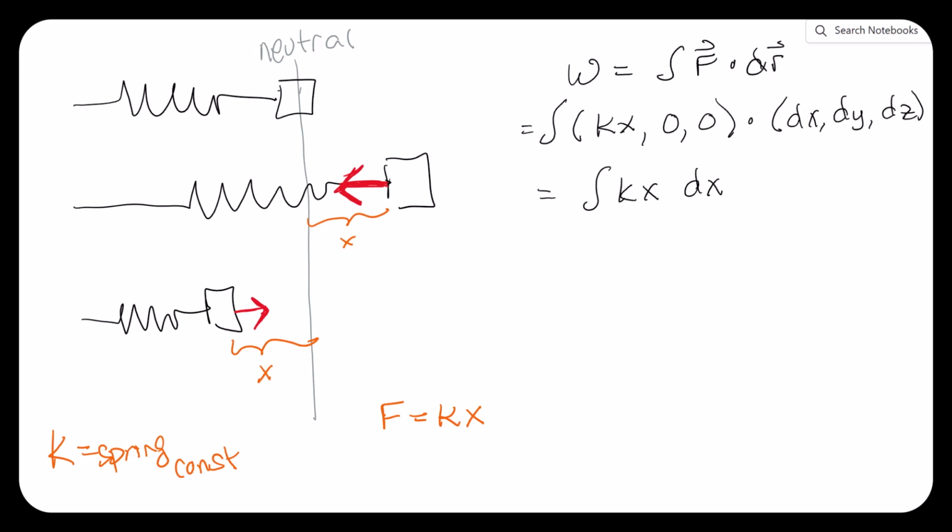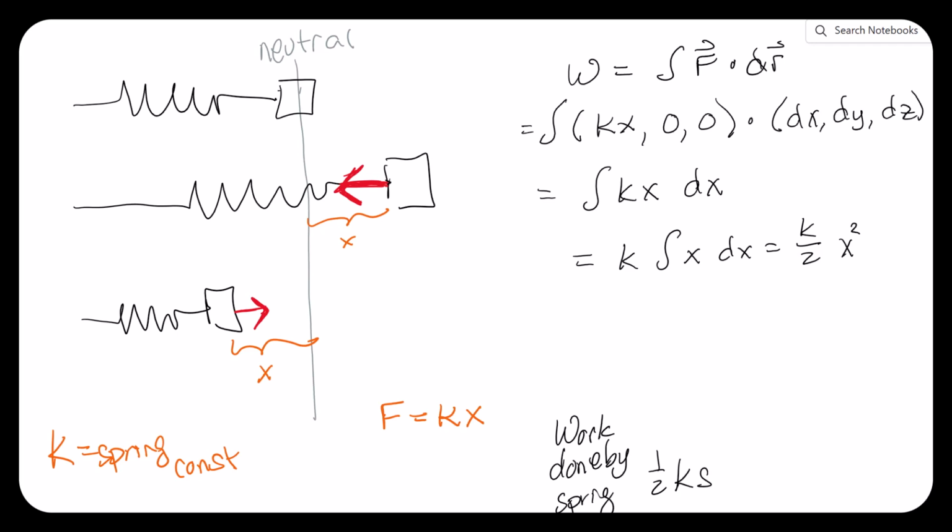So the work done by a spring, this k is constant, right? So if I have the integral of x dx, that's just going to be k over 2 x squared, evaluated from something to something, whatever those endpoints of the integral are. But 1/2 kx squared. You may or may not have already had a class where you learned that the work done by a spring is something like 1/2 kx squared, or you might have seen this as the potential energy of a spring, because that's where we're going with this.